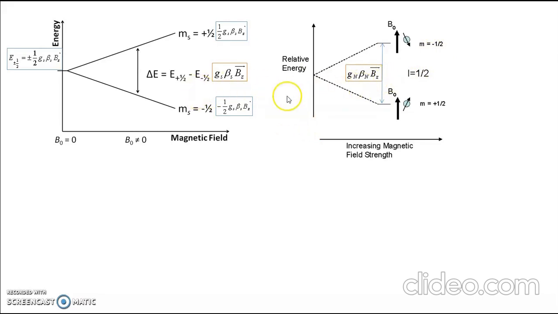If you see both the energy level separations, we can separate the energy levels by the application of a magnetic field. In order to induce a transition, or in order to let the spin flip from the upward direction to the downward direction, we must apply an electromagnetic radiation.